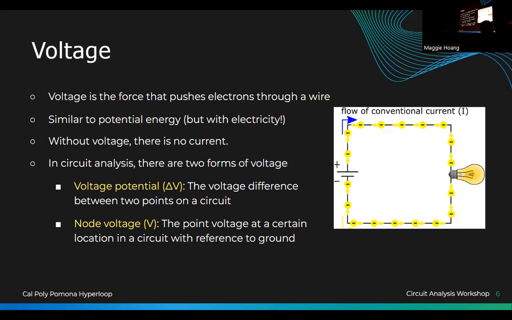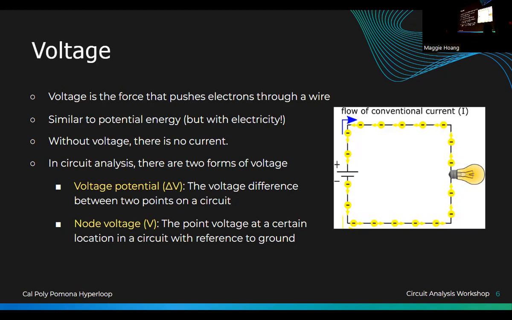And then there's something called node voltage, which is you have a reference point, right? I don't know who put it on the sheet, but they asked what happens when you don't have a ground. This circuit doesn't really tell you where the ground is.